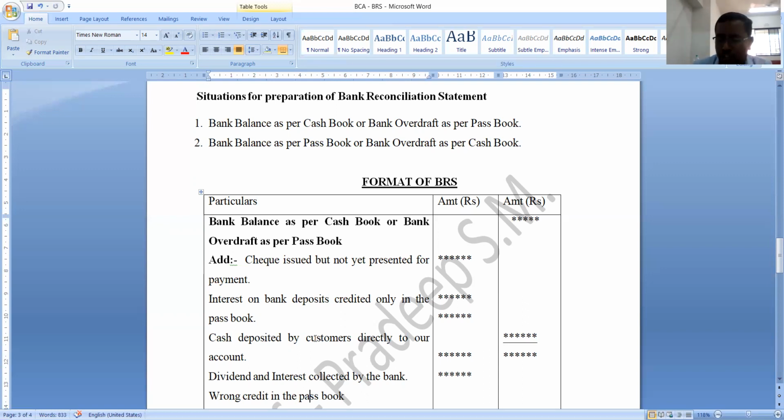In these two situations, you need to follow the same logic because they are one and the same. Another one is when they give bank balance as per passbook and you need to find out bank balance as per cash book, or they give bank overdraft as per cash book and you need to find out bank overdraft as per passbook. Here too, these two situations are one and the same, meaning the same logic applies to find the other figure in both situations.